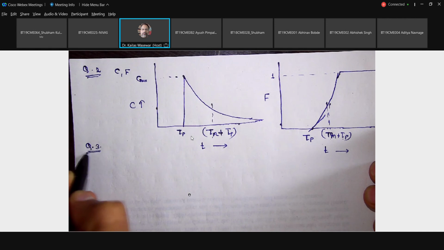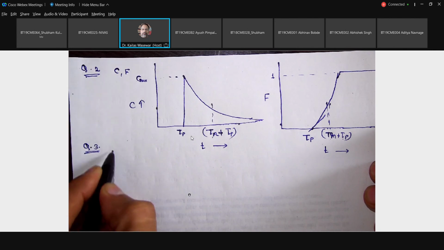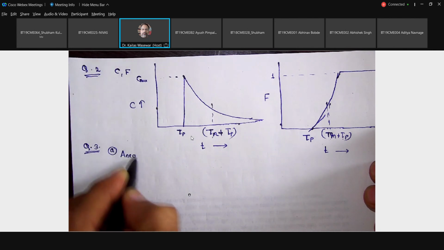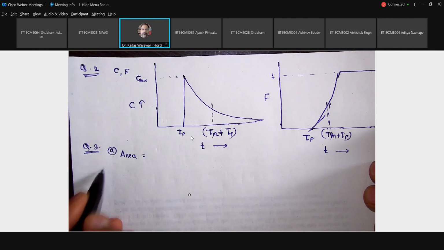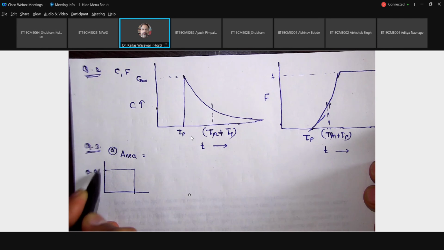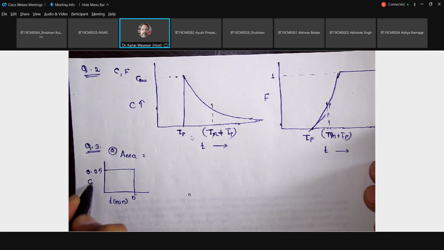Now question number 3. Most of you have solved that consistency part. That is the area under the curve in section A. It was mentioned 0.05 in minutes, and the concentration of the pulse C in mole per liter.